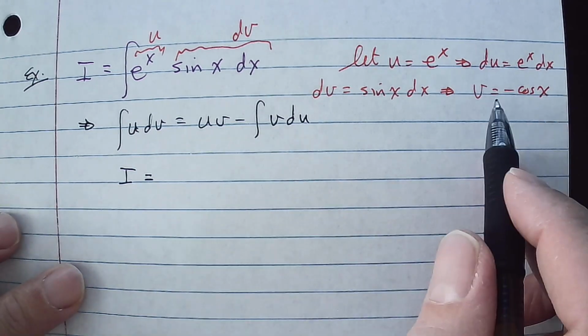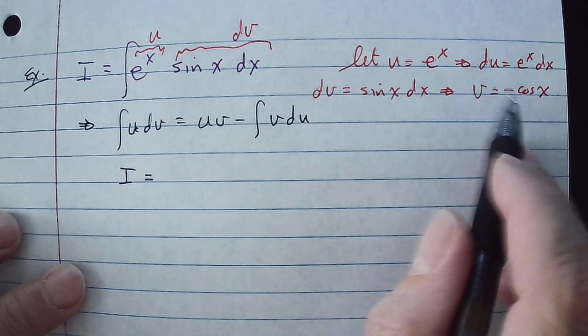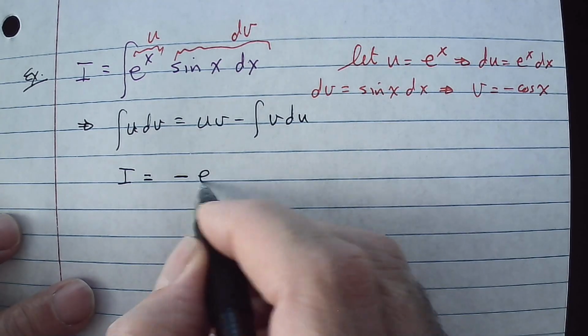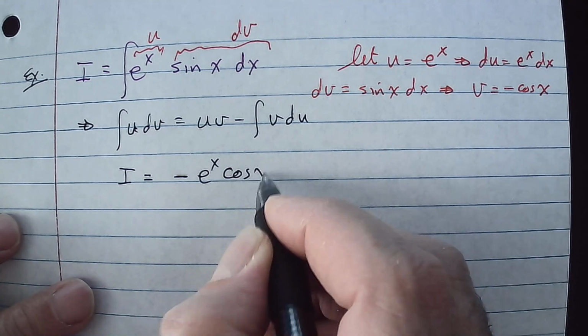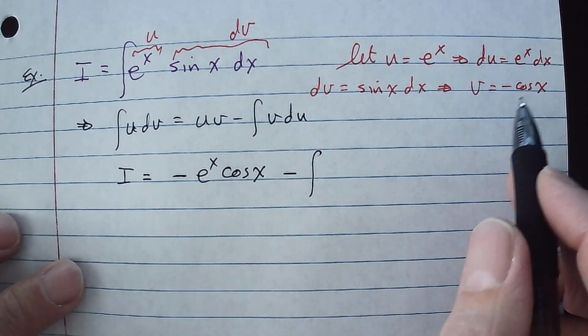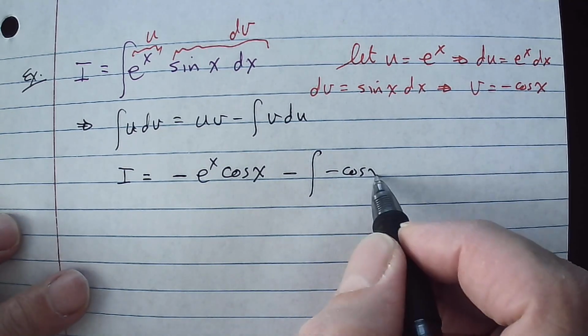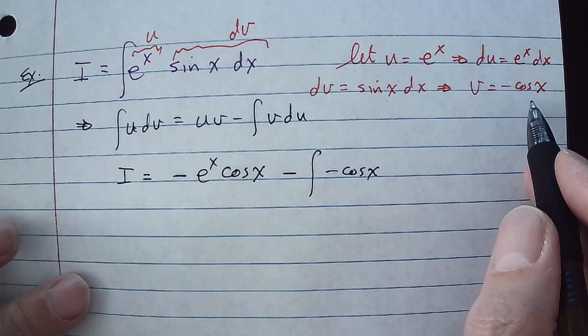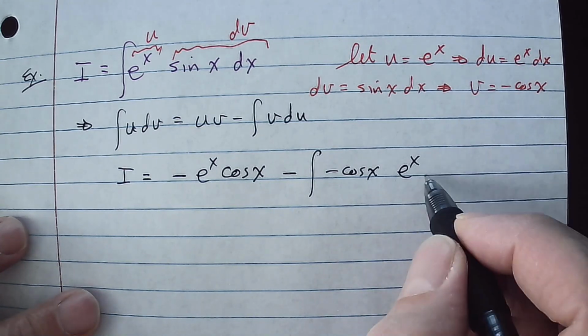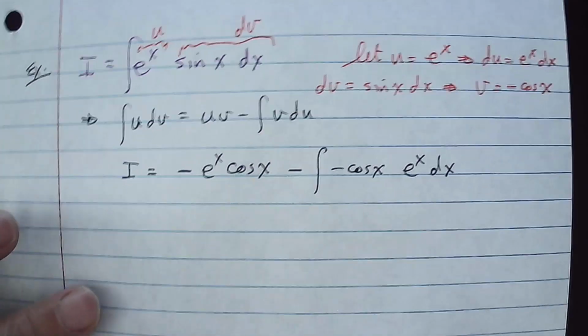U times v is negative e to the x cosine x, and then minus the integral v is negative cosine x, and then du is e to the x dx.